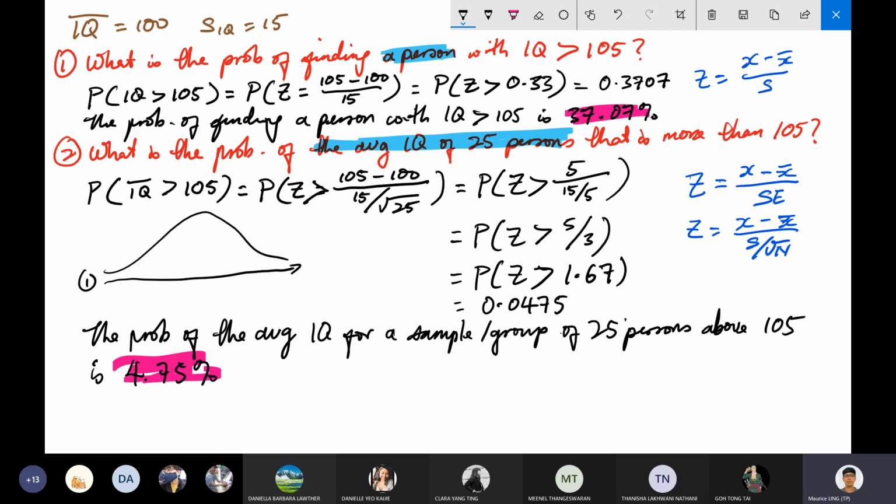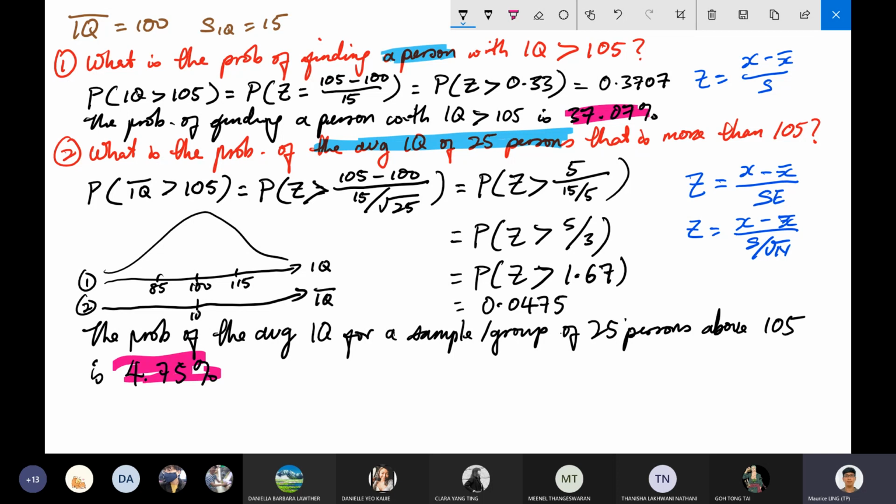For question 1, the axis here is your IQ, which is 100, 115. Here is 85, and so on. For question 2, the axis is average IQ.